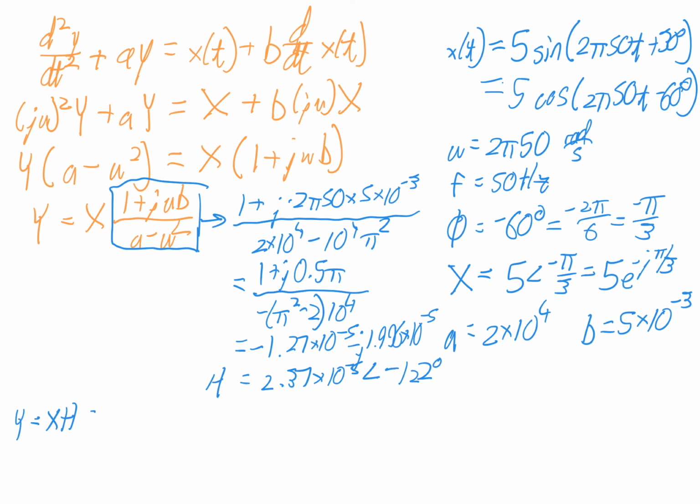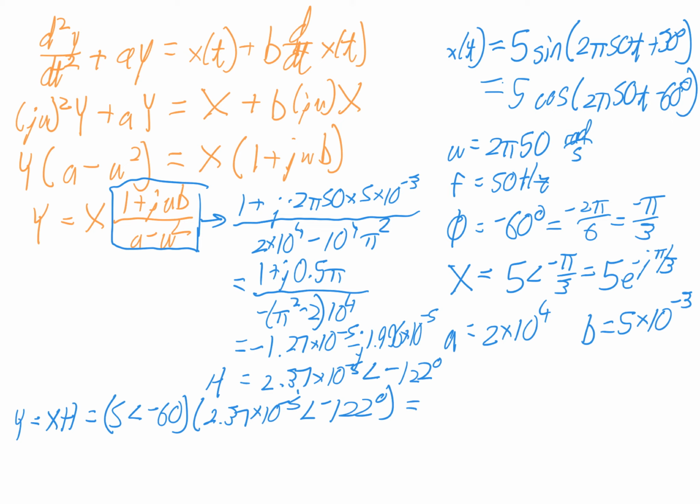And our input phasor is 5 at an angle of minus 60 degrees. And we multiply that times 2.37 times 10 to the minus 5 at an angle of minus 122 degrees. And we have it in polar form, so that's convenient.